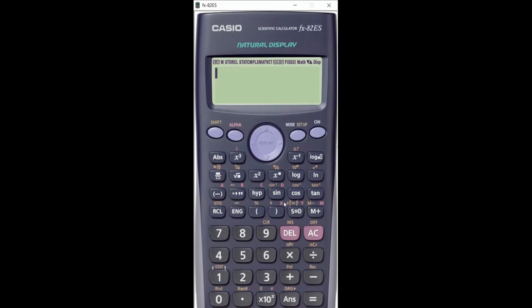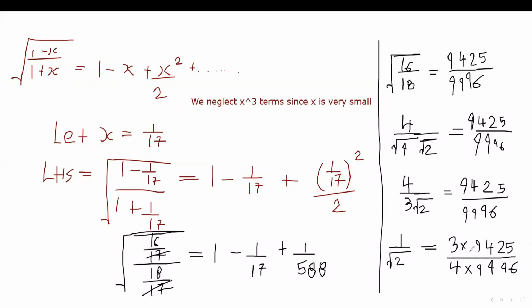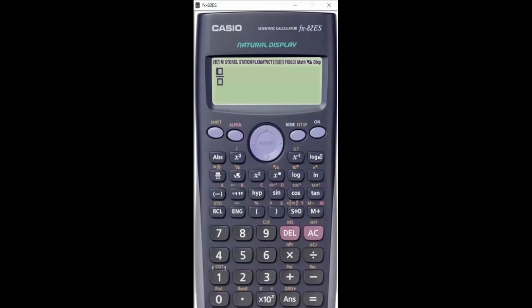Let me just write it out. 3 times 9425, and that's being divided by 4 times 9996.